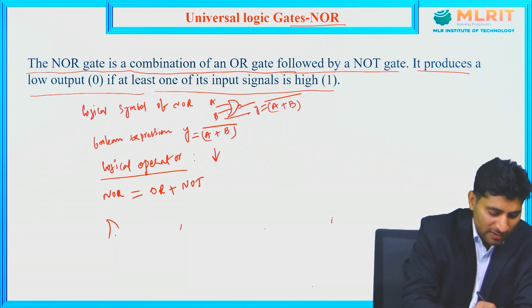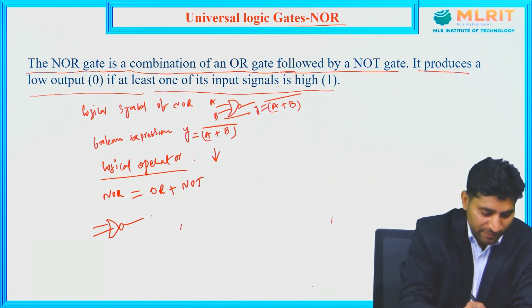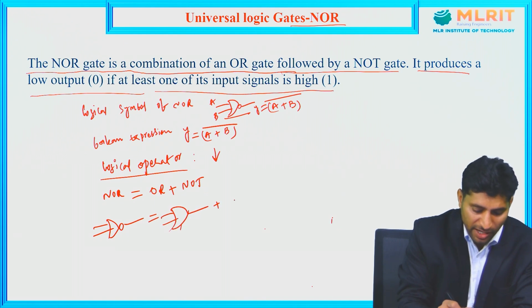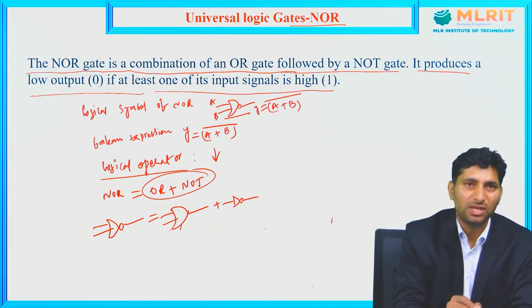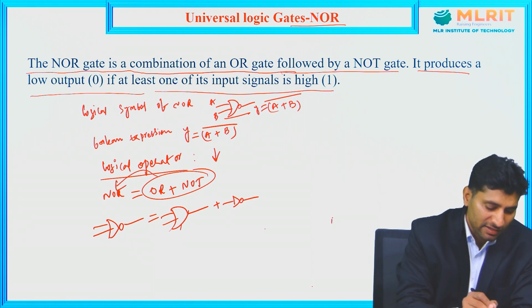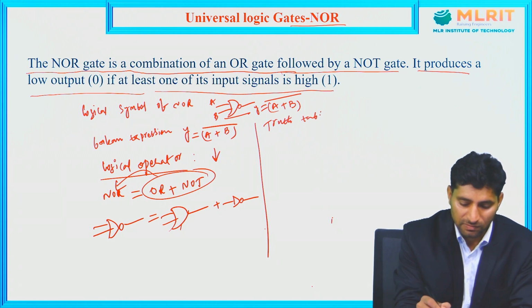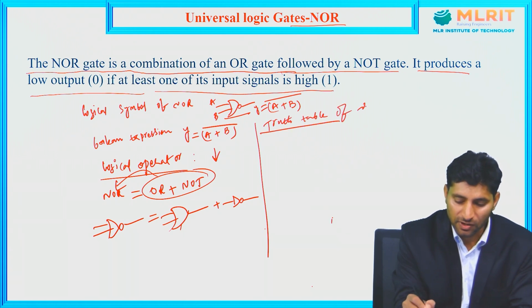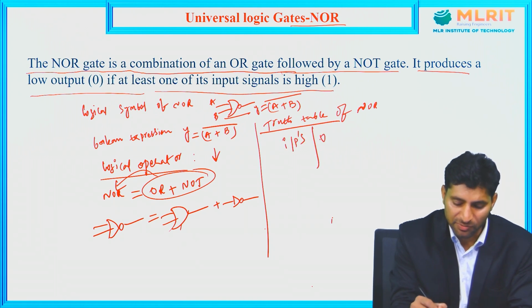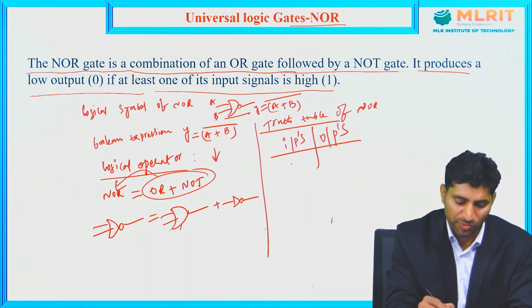So here the NOR logic gate is nothing but an OR gate followed by a NOT logic gate if I add like this. If we combine both of these, OR plus NOT, we will get the NOR logic gate. Let us see the truth table of the NOR logic gate. The truth table consists of the possible number of inputs and their corresponding output combinations.